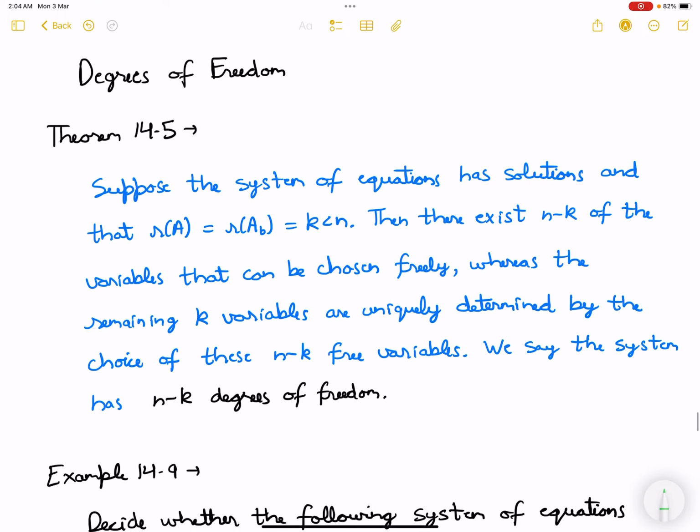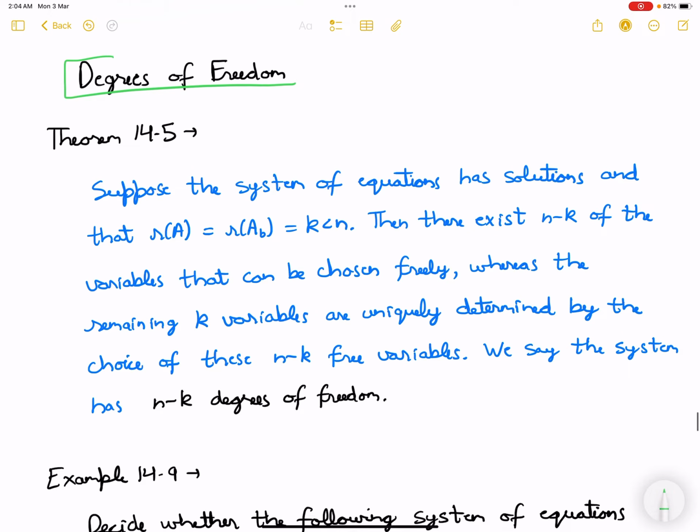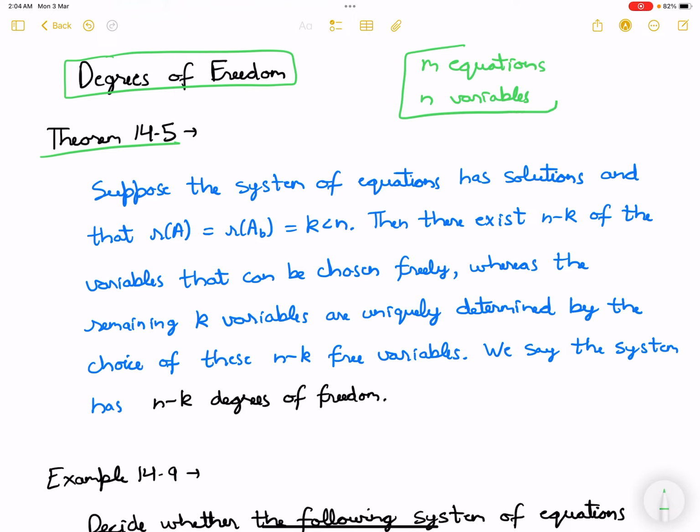Now moving to degrees of freedom, theorem 14.5. Now we have discussed there were m equations and n variables, and the rank was a, so rank of A augmented B, which was equals to k.